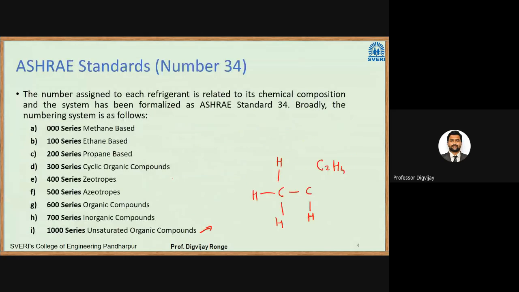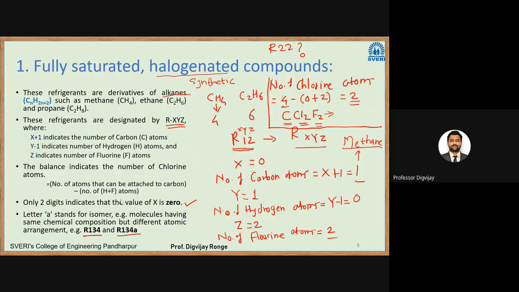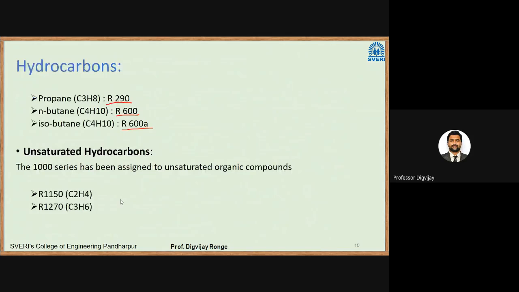If I use 600, that will be organic compounds. The 200 series, as I just showed you, R290, is nothing but propane, so that is the propane base. And if I have other organic compounds, that will be the 600 series. So I have propane R290 in the 200 series, then R600 and R600A, which are the organic compounds.